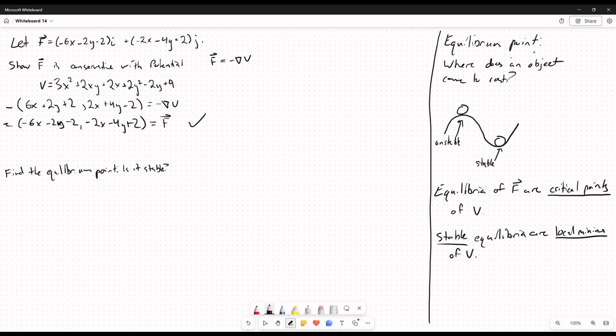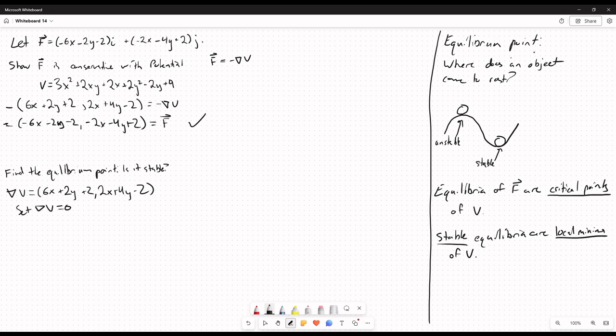Using the negative gradient won't affect our critical points, but it will affect our local maxima and minima. So let's take a moment and write out that the gradient of V, which is what we're really going to be using, is (6x + 2y + 2)i + (2x + 4y - 2)j. We want to set that equal to 0.